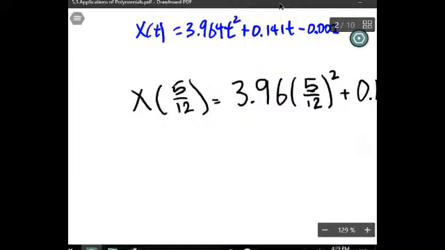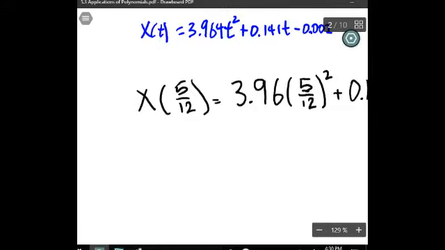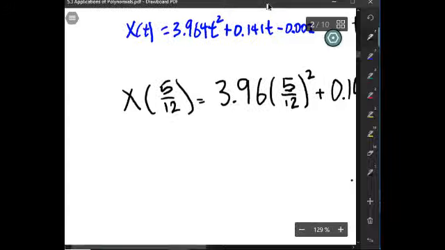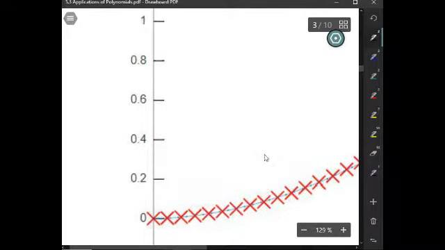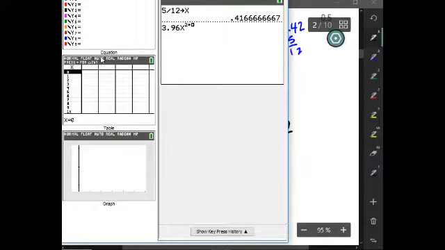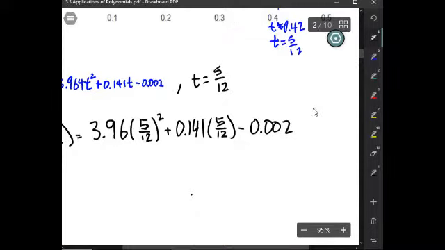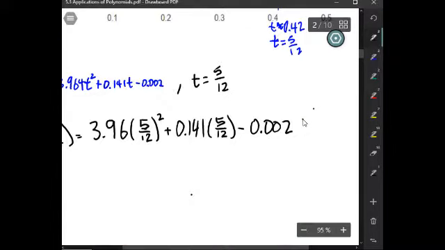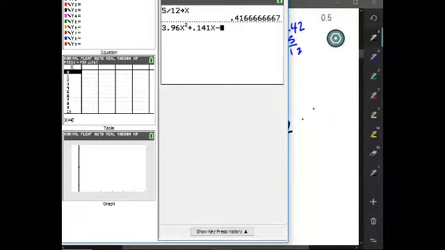Now type your polynomial. So we've got 3.964 times the variable squared, x squared, plus 0.141 x, then minus 0.002, and then enter.